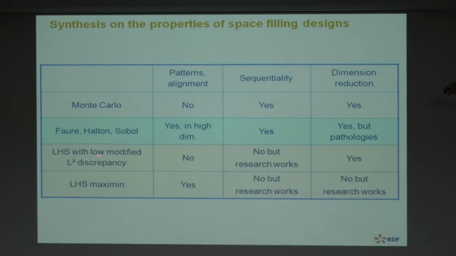With this one, LHS optimized with discrepancy criterion, I have no alignment. I have no sequentiality, but we try to do it actually. And I have good properties about dimension reduction. And with the mindist criterion, I do not have these properties of dimension reduction.